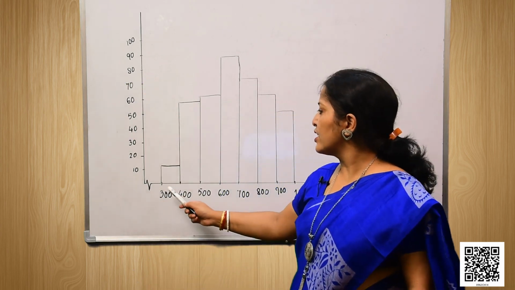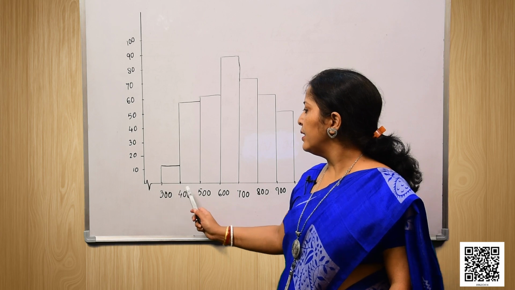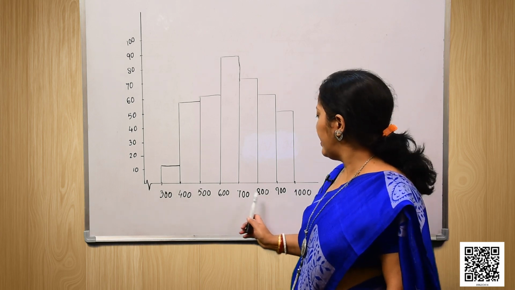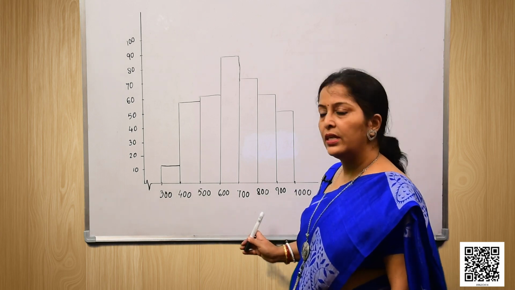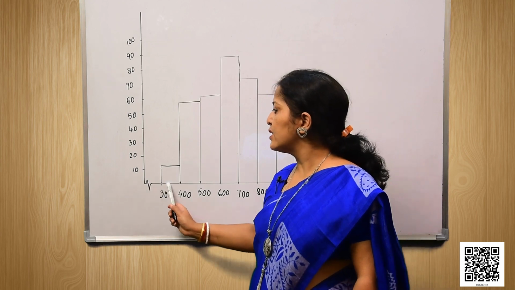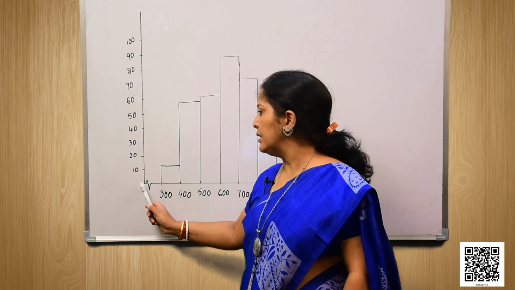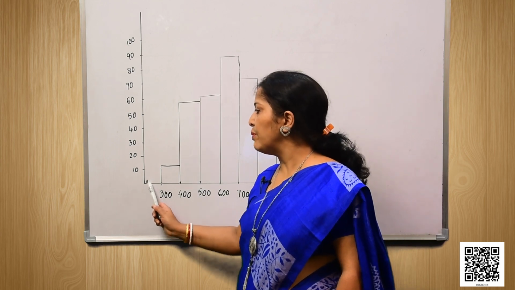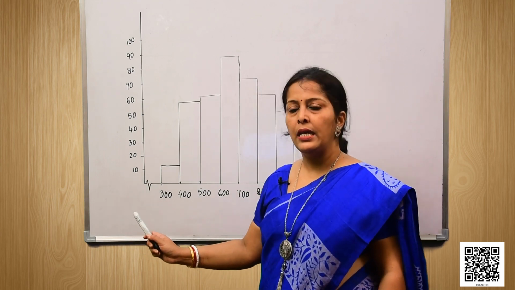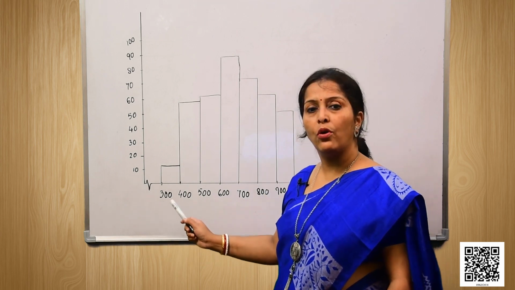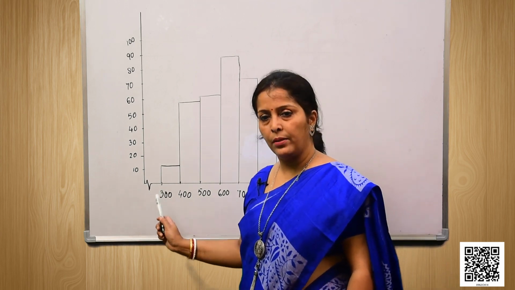The class interval starts from 300 to 400, then 400 to 500 until it is 1000. Now, since the width is not the same everywhere, it is 100, but here it is 0 to 300, we make a zigzag line here and then we draw the histograms on top of each bar.